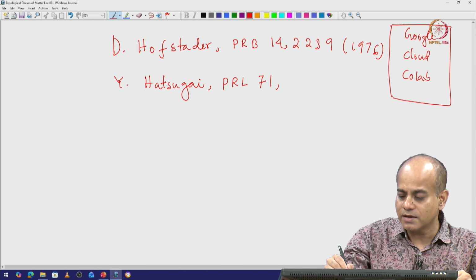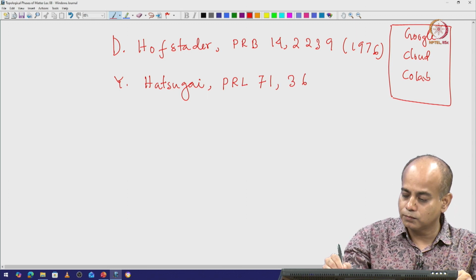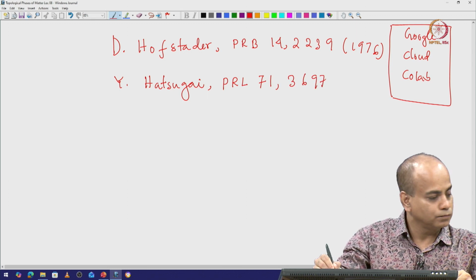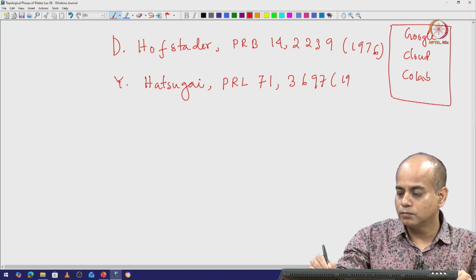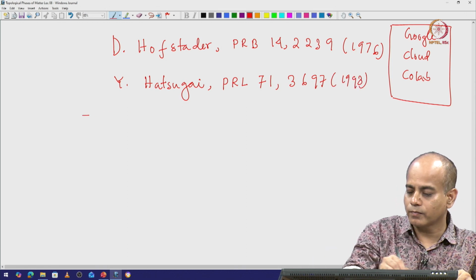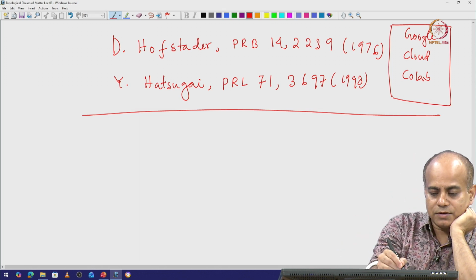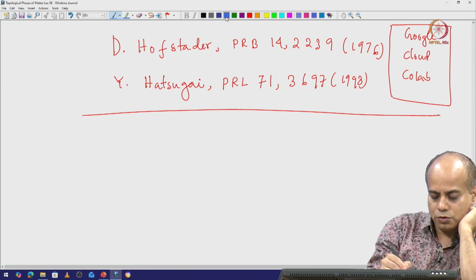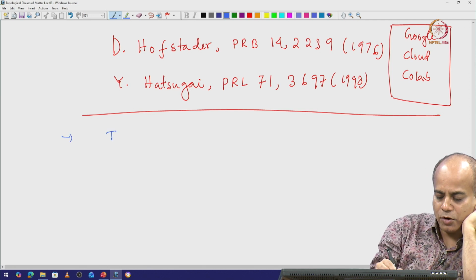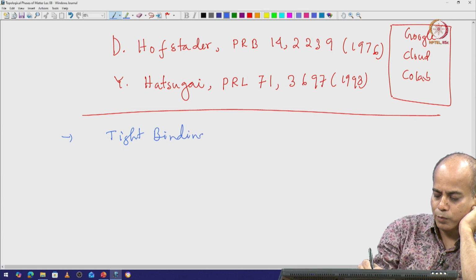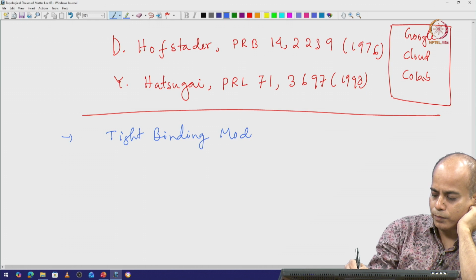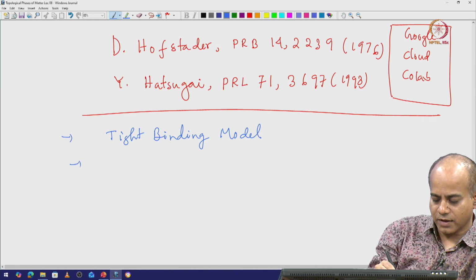So, this also you can simulate. And what I need you to do is brush up on the tight binding model and second quantization.